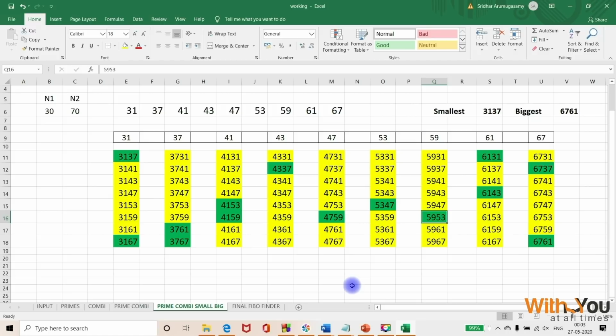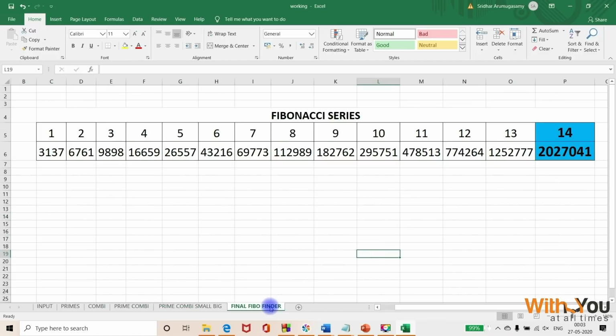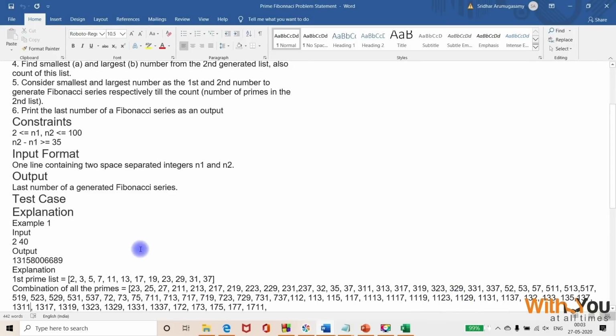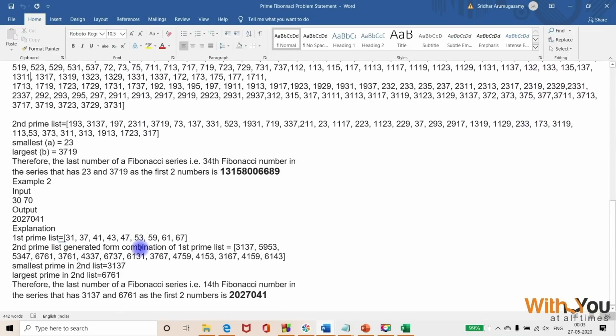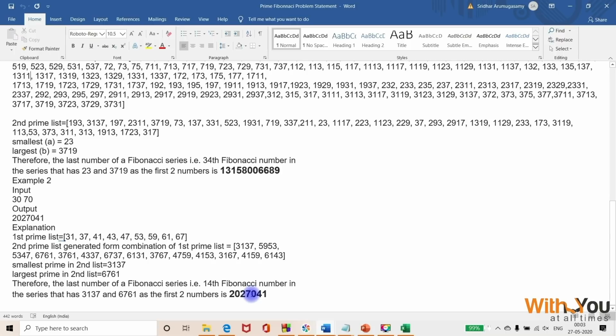Get it? Job done. Answer is 2027041. Let's verify with the problem statement. 2027041. So which means my understanding of the TCS problem is good.